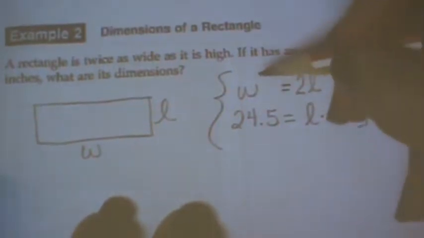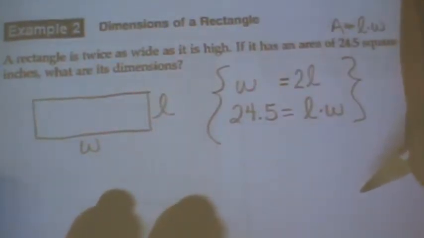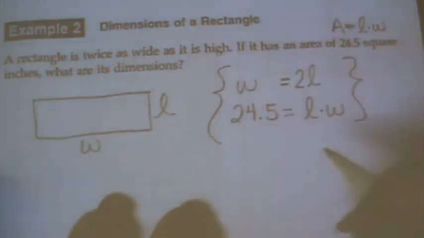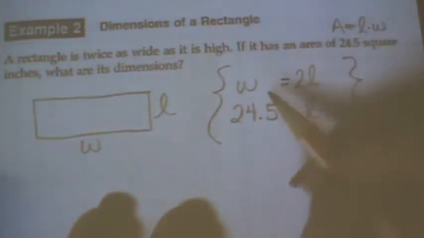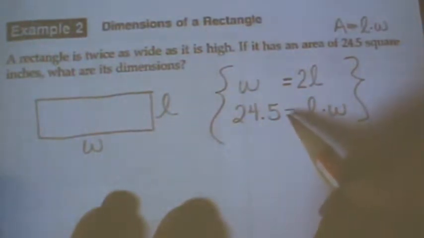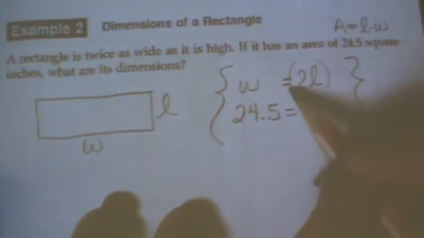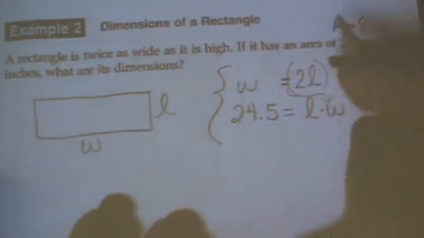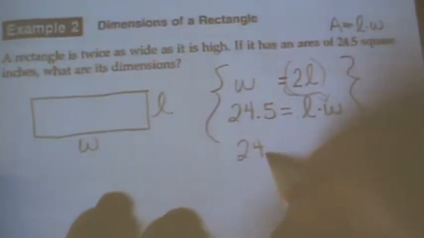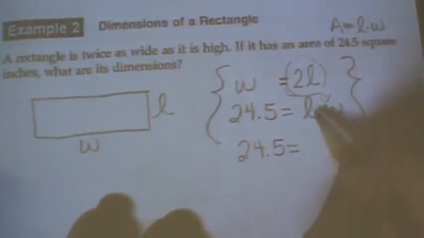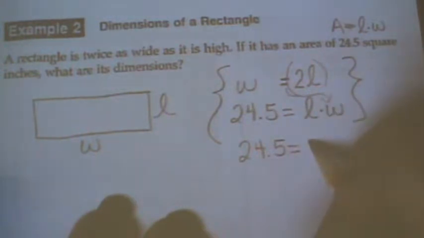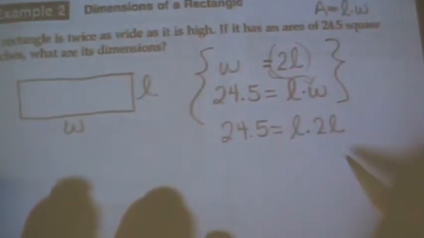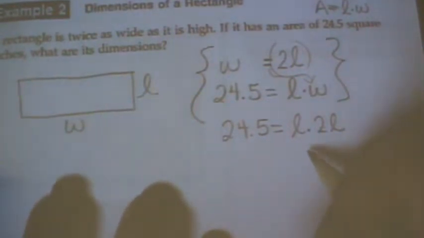Your job is to merge them into each other. Since this is already solved for W, can't I just plug this in for W? And I would have 24.5 is equal to L times 2L. How do you write L times 2L? 2L squared.